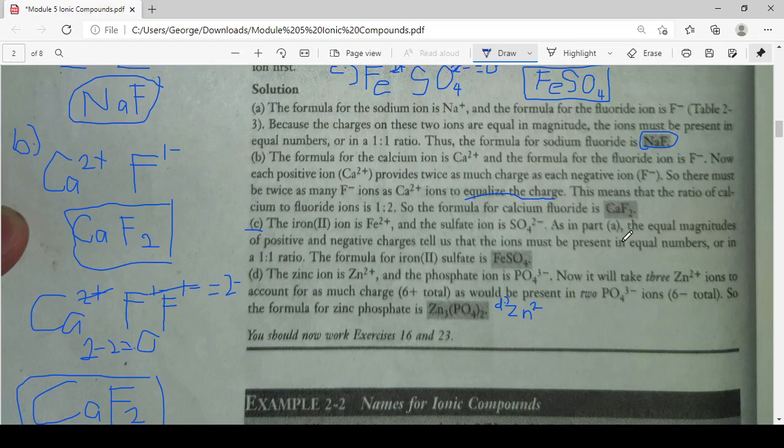And the phosphate ion is written as PO4 3 negative. Now, it will take 3 zinc ions to account for as much as 6 positive nga charge ang aton nga phosphate nga ion as would be present in 2 phosphate ions. 6 negative in total.